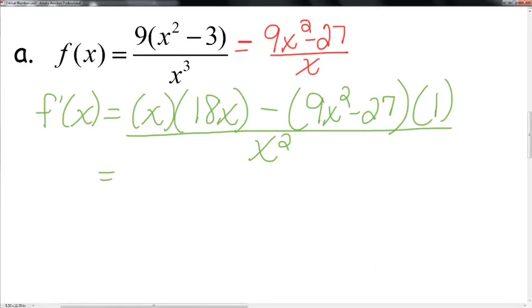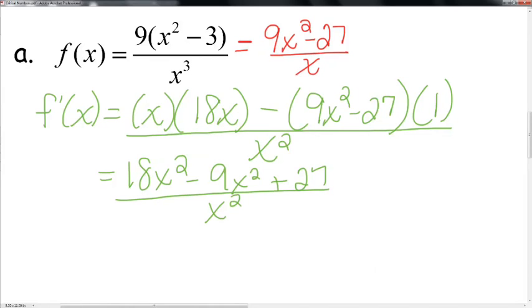And so that's equal to 18x squared minus 9x squared plus 27 all over x squared, and that is equal to, let's see here, negative 9x squared plus 27 divided by x squared.